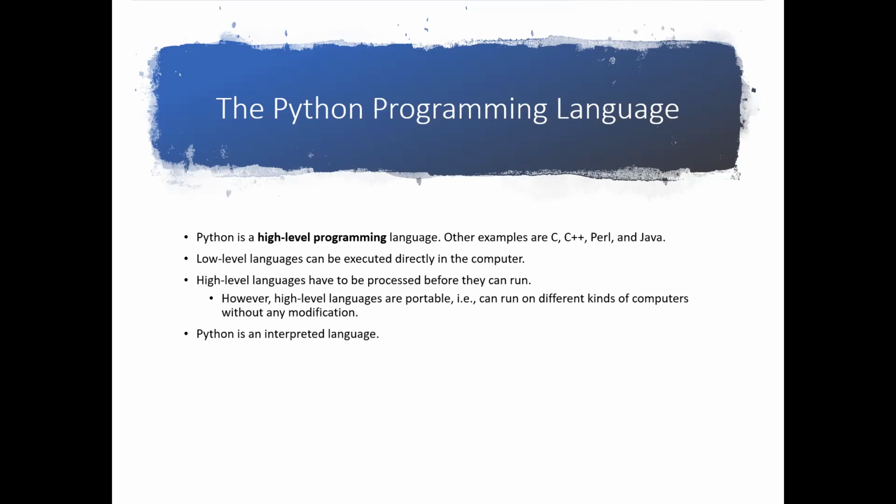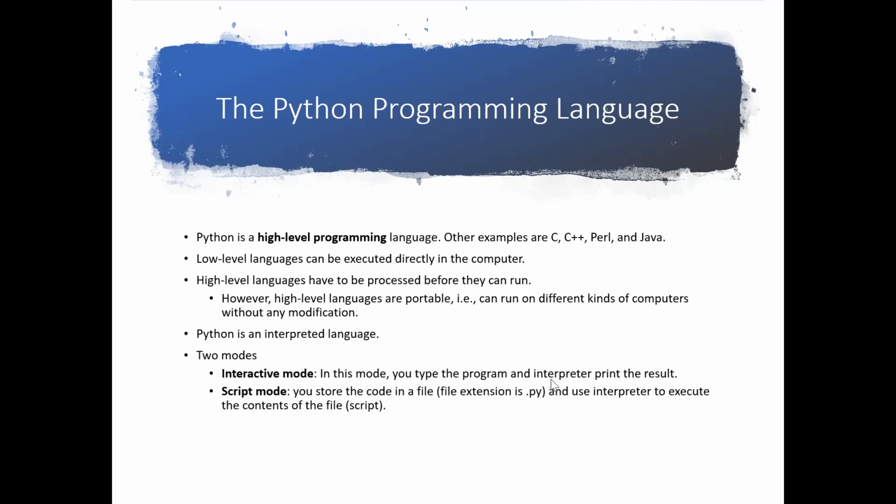There are two types of programming languages: compiled and interpreted, which means on the fly you make the conversion. Python is an interpreted language, and it's easier for us to work with compared to compiled languages, especially if you're a beginner. Now, there are two modes in Python.